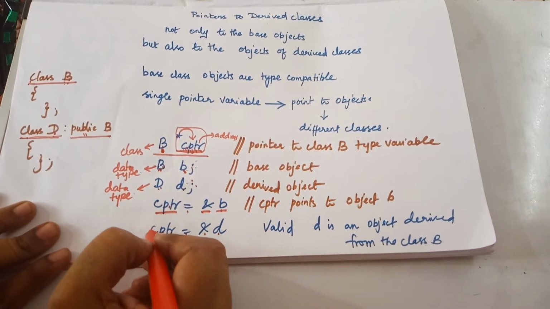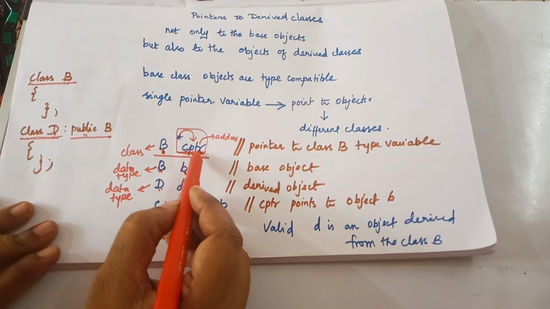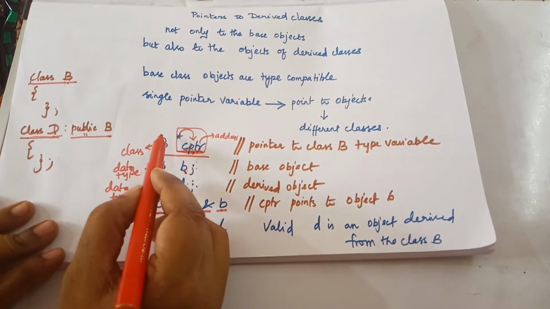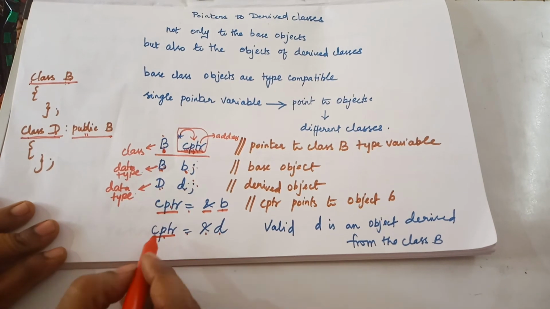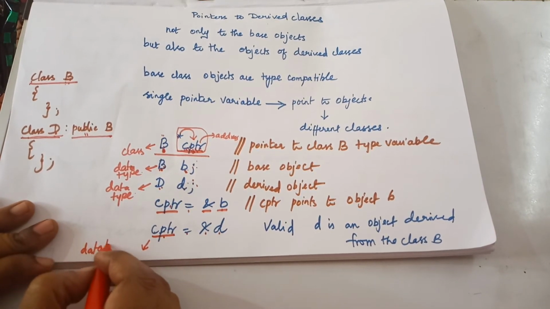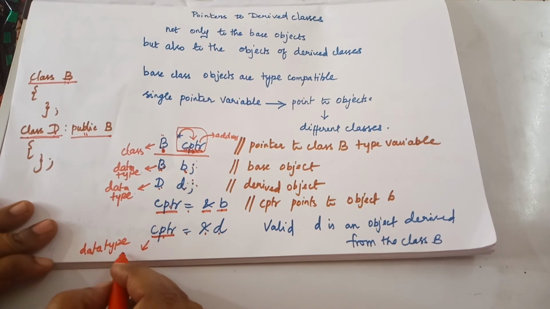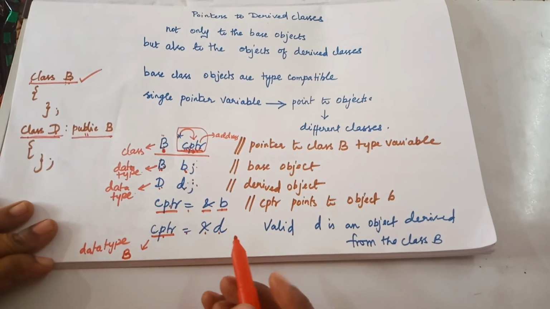So one more point is, CPTR is a pointer variable created for the base class. So this is the data type B, right?